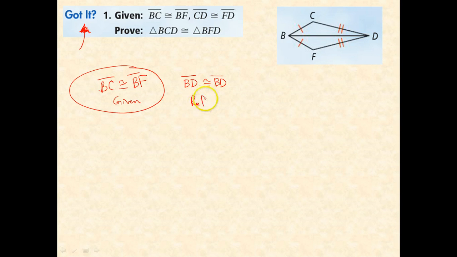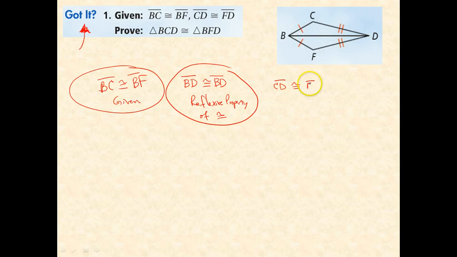That is the reflexive property of congruence. And CD is congruent to FD. Segment CD is congruent to segment FD. That's given to us.